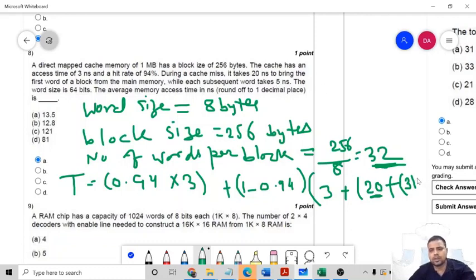So it is 31 into 5. If you calculate this, it is approximately 13.5. So option A is correct.